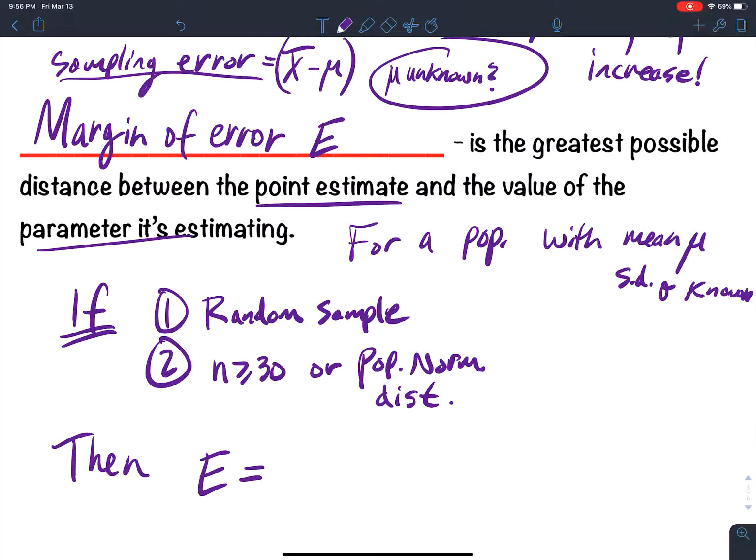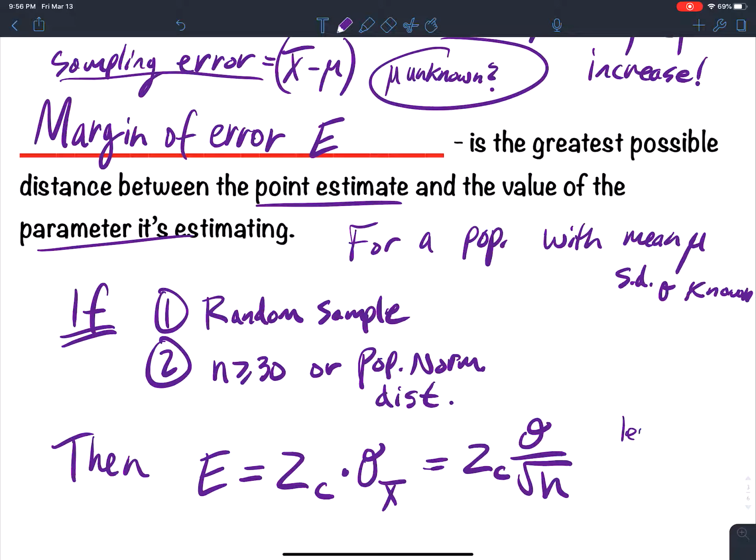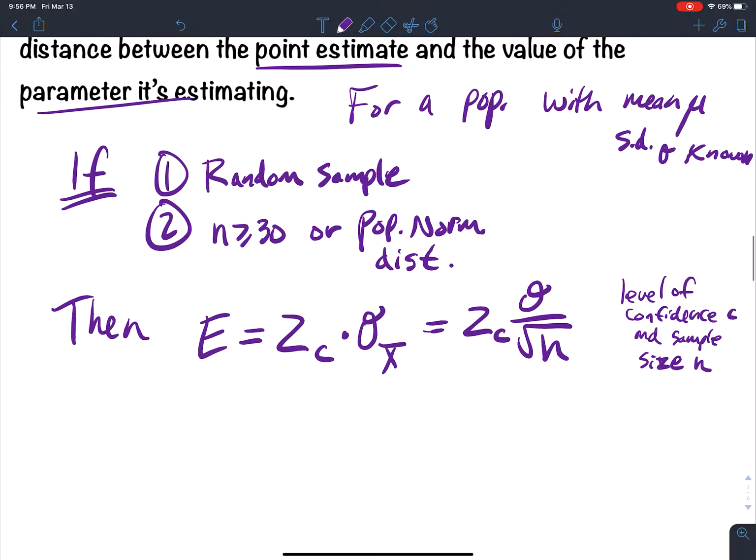E equals z_c, the critical value z-score, multiplied by the standard deviation of the sample mean, which is equal to z_c sigma over the square root of n. Okay? So this is for a level of confidence c and sample size n.